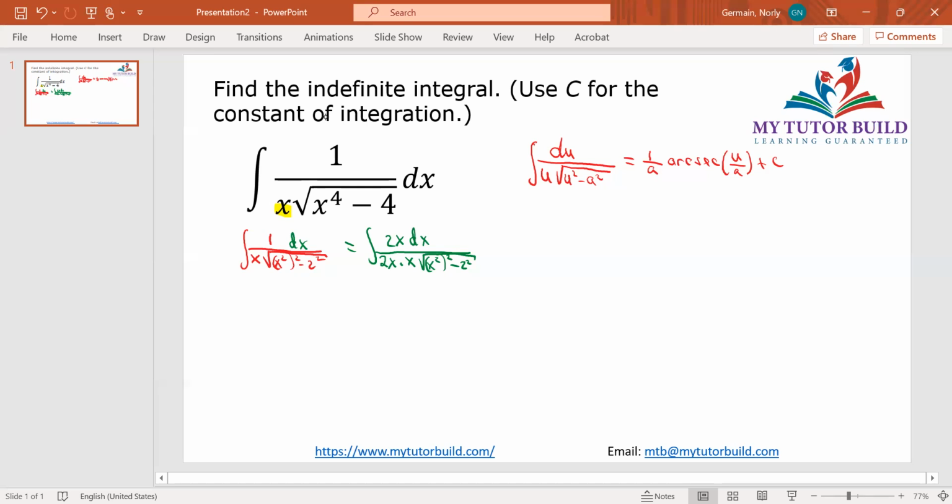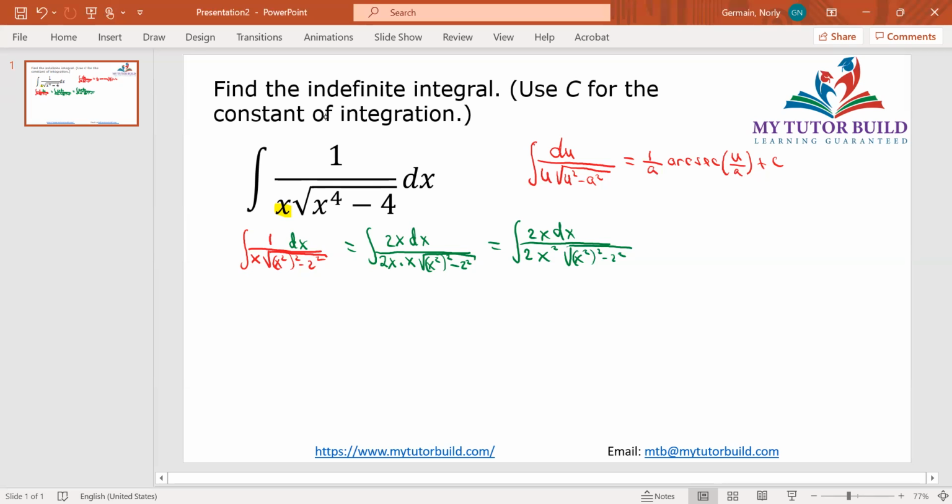I'm going to bring the 1/2 outside. I still have 2x dx on the top, and at the bottom I'm going to have x squared times the square root of x squared power 2 minus 2 squared.